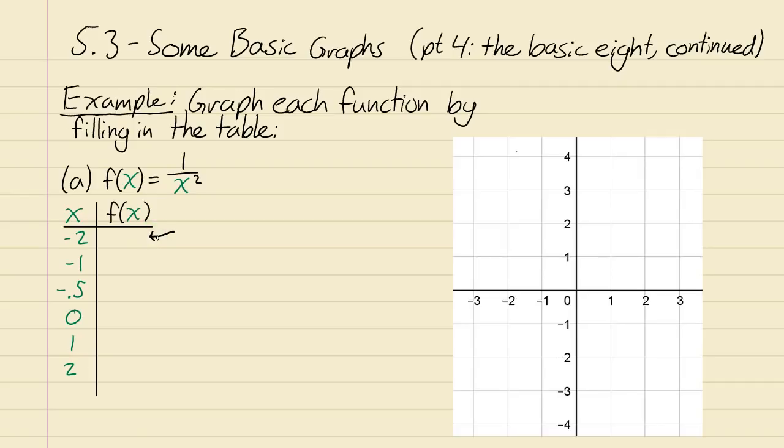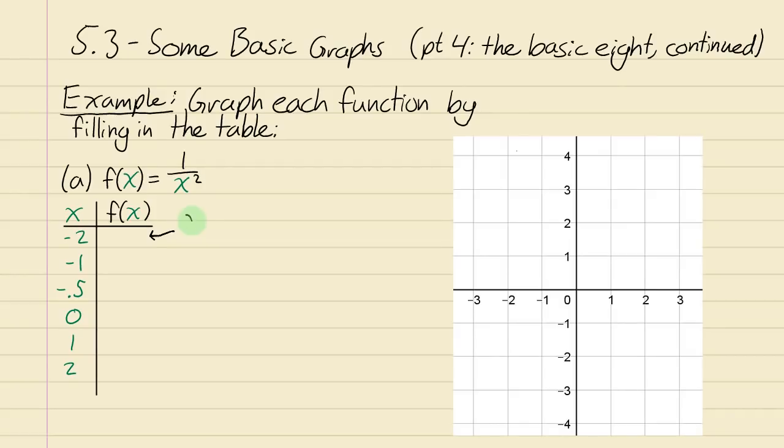If we want to find f of -2, f of -2 is going to be 1 over its input squared, so that means 1 over -2 squared. And -2 squared is +4, so this becomes 1 over +4, also known as 0.25.